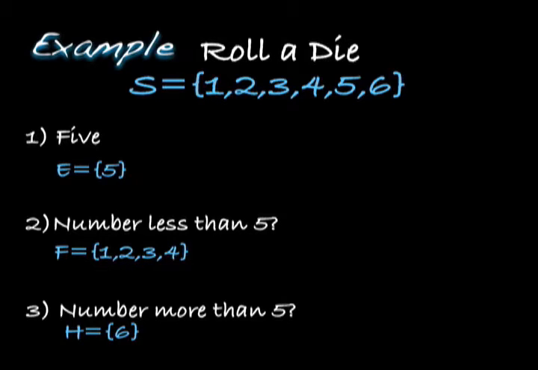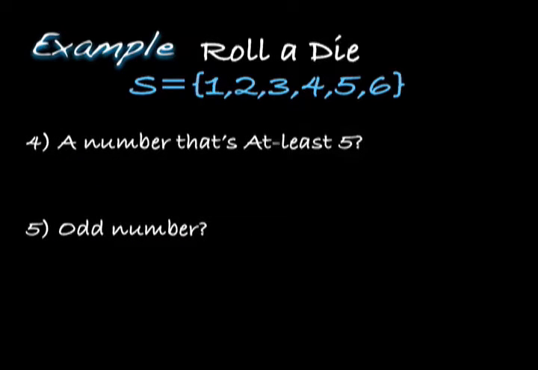And a number more than 5, there was 1 outcome. A number that's at least 5, 2 outcomes. And an odd number, there were 3 outcomes associated with being odd. We can determine the probability.